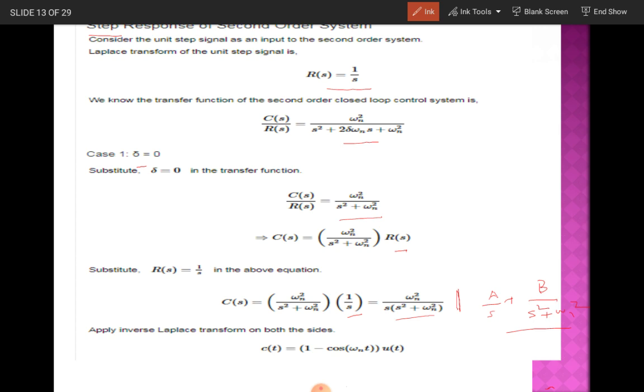So you will get 1 divided by s minus 1 divided by s square plus omega n square, some omega n square. For this, taking the inverse Laplace transform, for 1/s the inverse Laplace transform is 1, and for omega n square divided by s square plus omega n square, you will get cos of omega n t, u(t). So this is the output response of a second order system with a damping factor delta equal to 0.